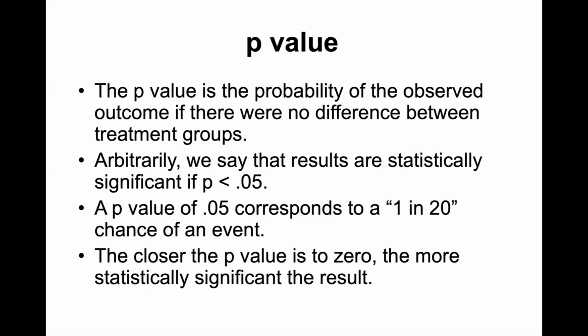We arbitrarily set that if the p-value is less than 0.05, then that's statistically significant. It's arbitrary. And it corresponds to a 1 in 20 chance that if it calls a difference, it's wrong. There isn't really a true difference there. And so the way to think of it, the closer the p-value is to 0, the more statistically significant the result.